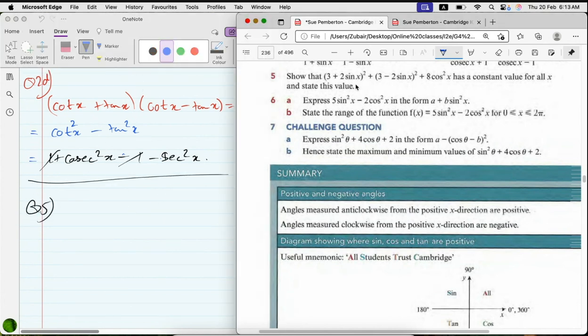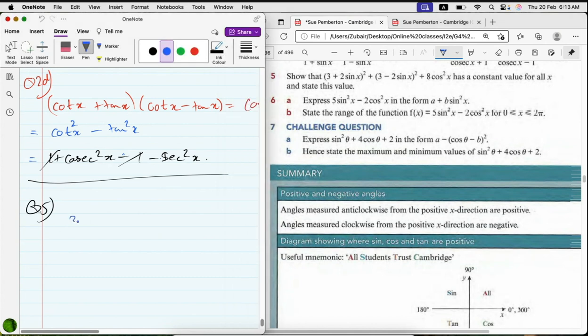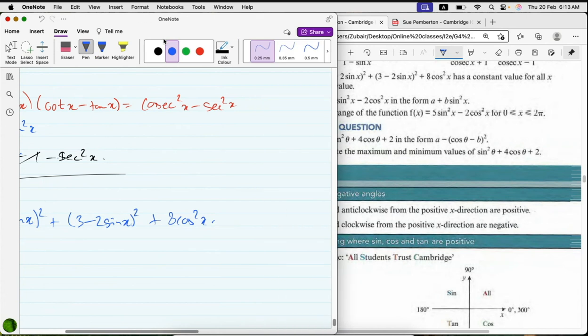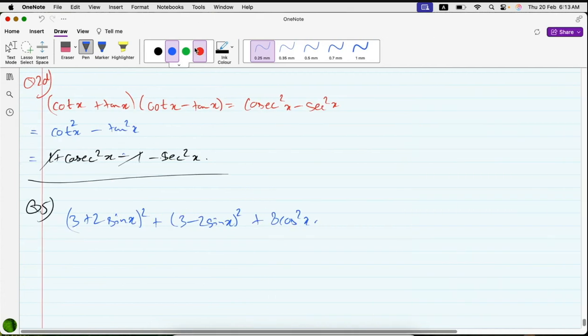Question 5 says show that 3 plus 2 sine x whole squared plus 3 minus 2 sine x whole squared plus 8 cos square x is a constant for all values. So we just simplify and we'll get a constant.